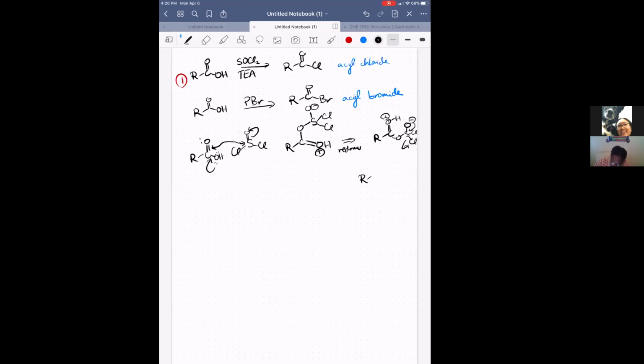So now we have R, C double bond O, H, positive charge. And now we have O, S, double bond O, Cl. And we've generated Cl minus, which is our good nucleophile. So our good nucleophile can now attack our species, push electron density to oxygen, giving us R, C, single bond OH, and Cl, O, S, double bond O, Cl, right?